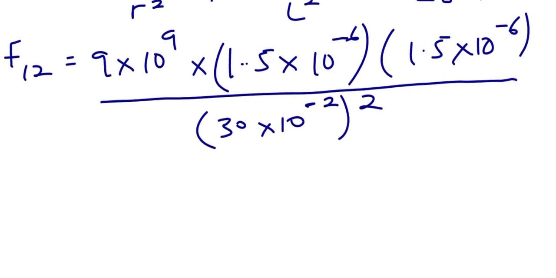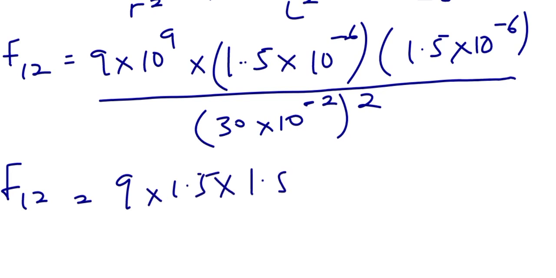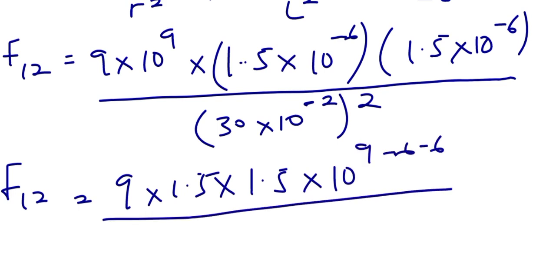Then we need to keep solving. So F12 equals 9 times 1.5 times 1.5 times 10 to the power of 9 minus 6, divided by, this 30 times 10 to the power of negative 2 will give us 0.3.